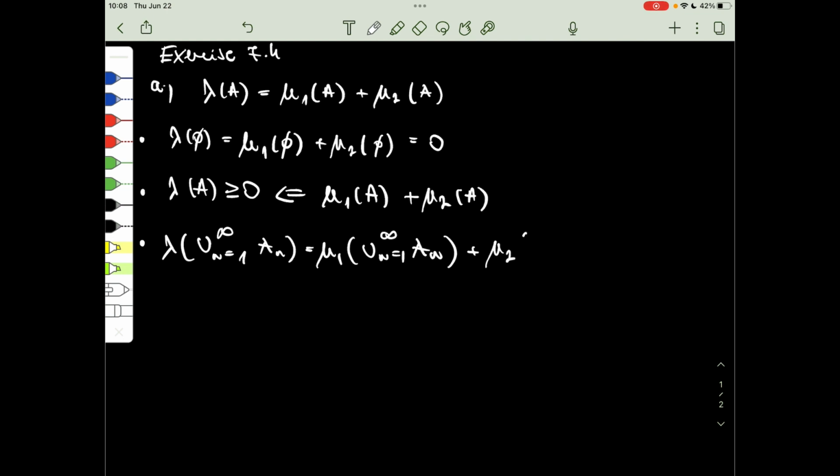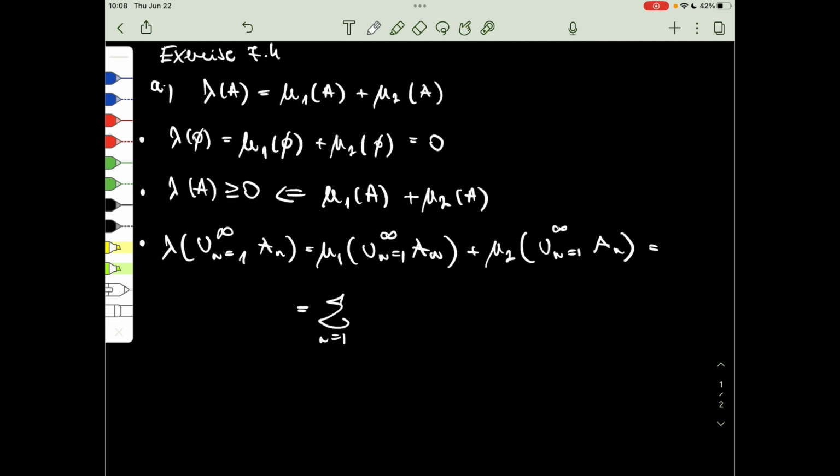We just use the definition of the function lambda, and at this point we simply use the fact that both functions mu1 and mu2 are measures and the sets are disjoint.